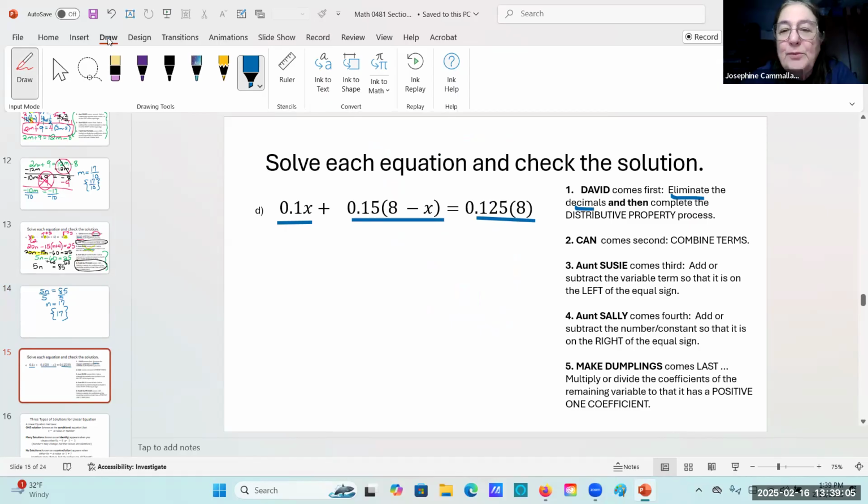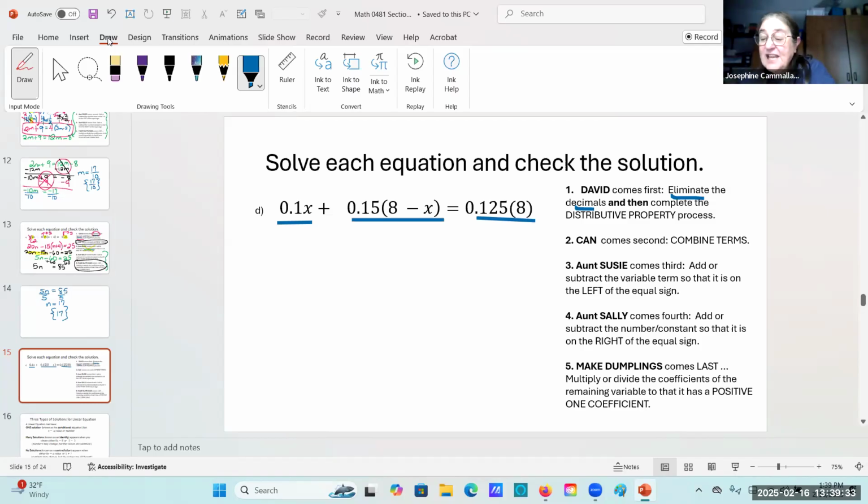Well, if you look at term number 1, I just have 0.1, 1 decimal place. If I go to the middle term, 0.15, now I'm not looking at the parentheses. I'm only looking at the coefficient, where the decimal is. Well, that's 2 decimal places. But go to the other side of the equal sign. I have 3 decimal places.